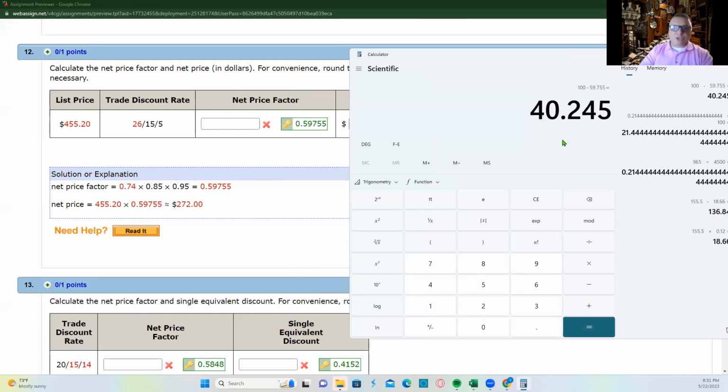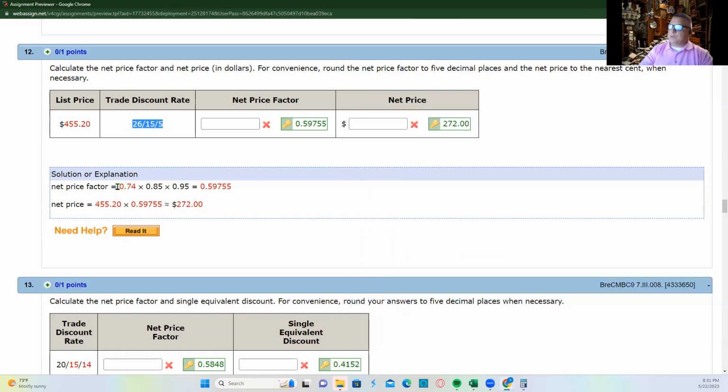It's a 40.245% discount. And I'm gonna freeze it there so everybody can see that we're not adding these things together. We're going to multiply instead. And I'm going to show you why this works, or how this works.